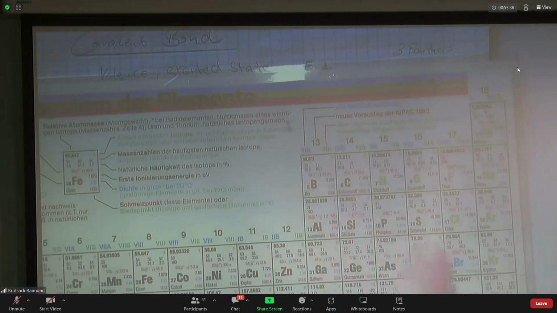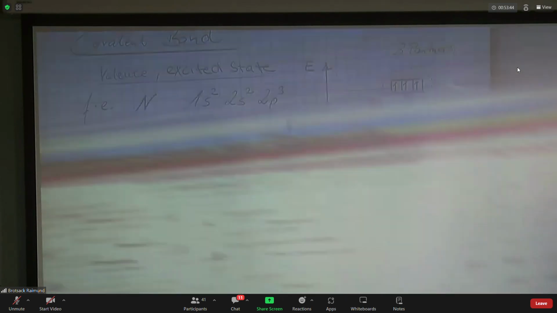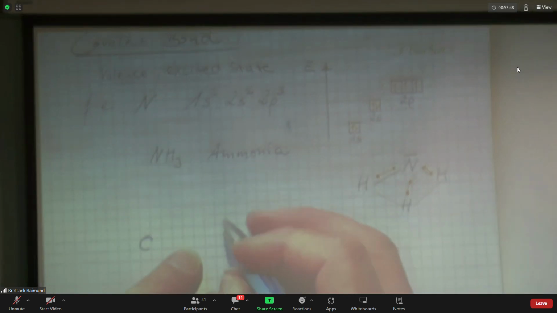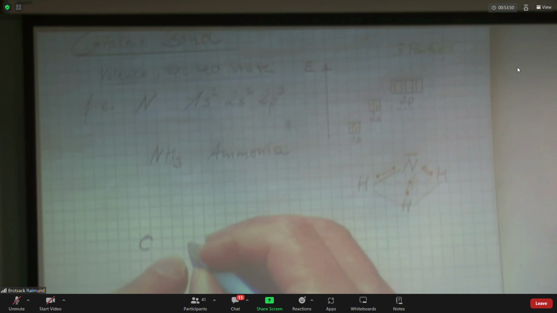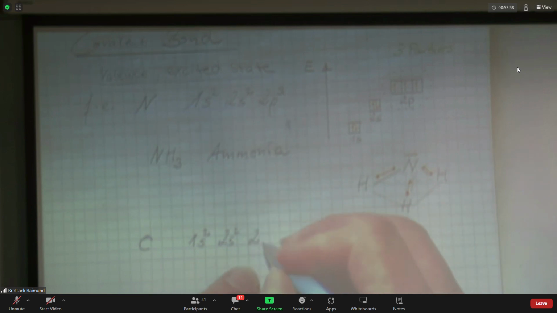Carbon, how many electrons do we have to place? 6. Only 6 in total, no? So talking about the electron configuration, we have 1s2 full, 2s2 full, and in the 2p, only 2 electrons now in the p orbital.